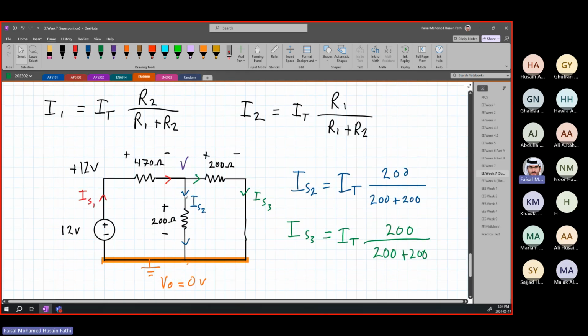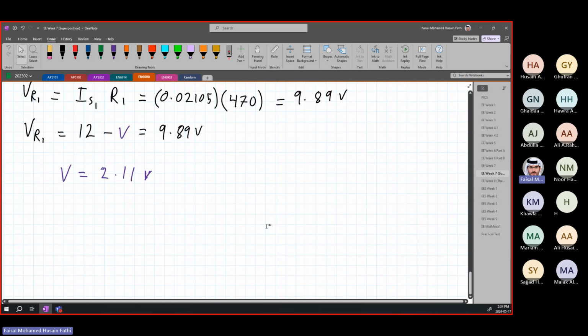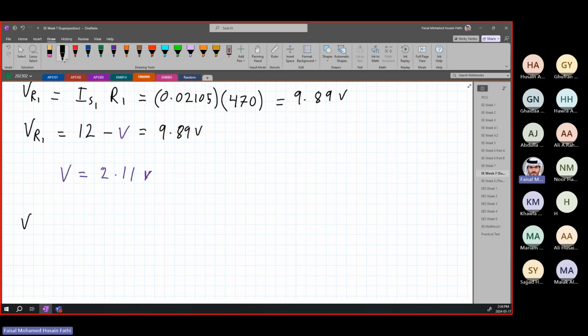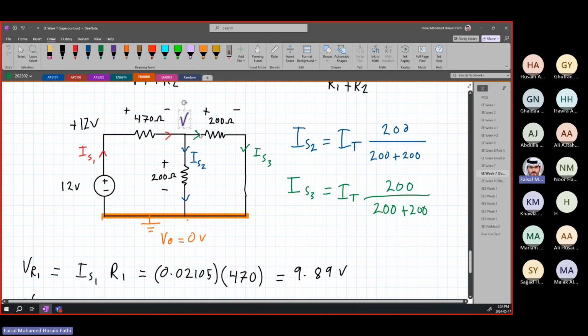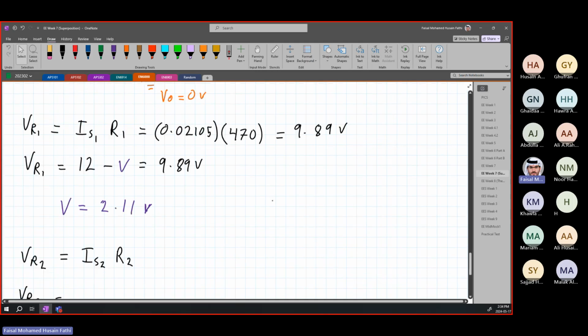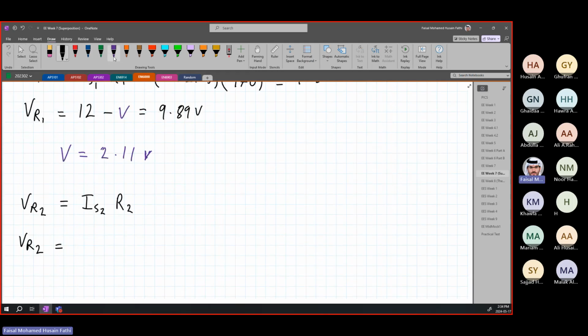Now that we have found this voltage over here, we can find the current through each one using the same exact method. We know that VR2 is equal to IS2 times R2. We also know that VR2 is going to be equal to the positive side, V, minus the negative side, which is 0. So it's V minus 0.